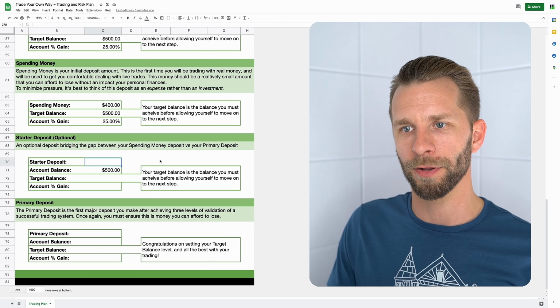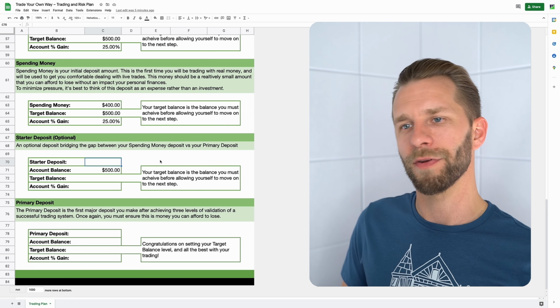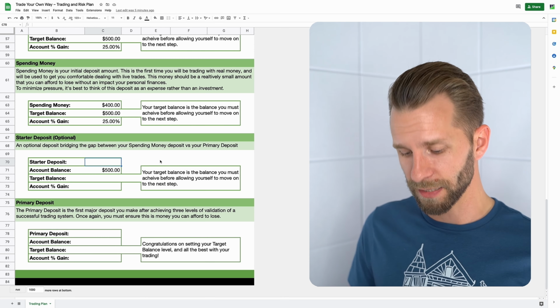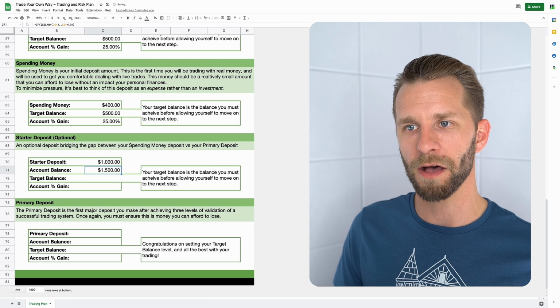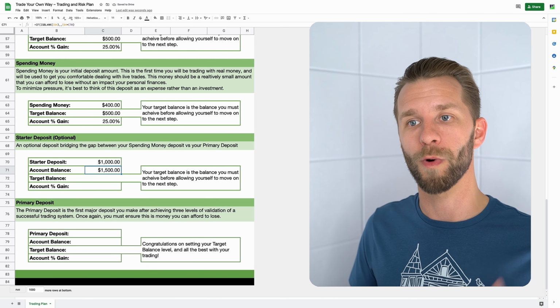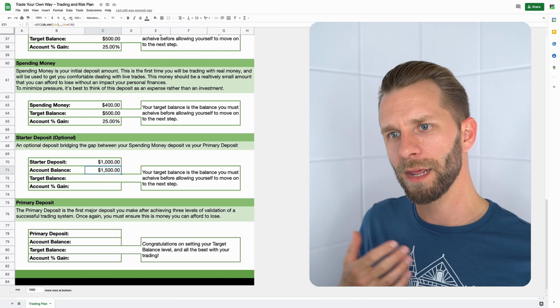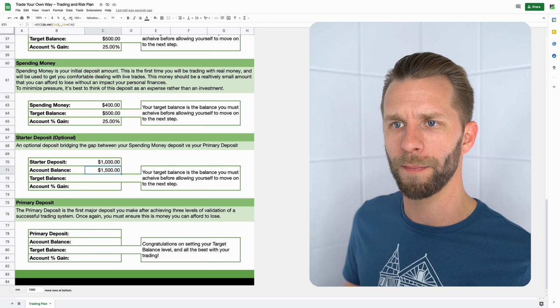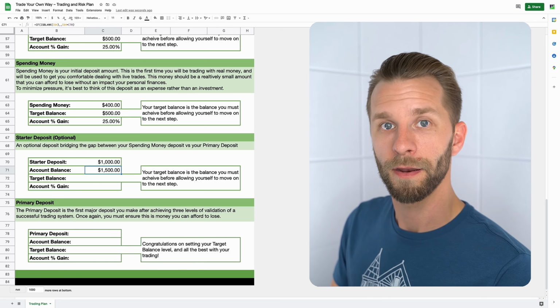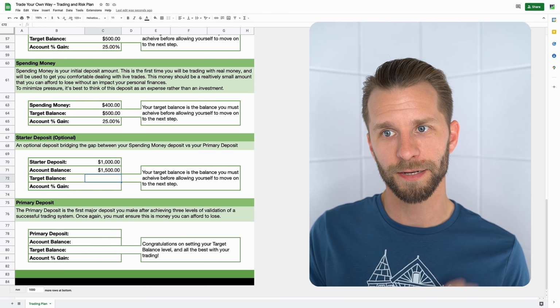So starter deposit. Let's say for this one, we have an account balance of $500 by the time we're here. Let's put in a starter deposit of $1,000. That immediately brings our account balance to $1,500, meaning on a 1% risk strategy, we'd be risking $15 a trade as opposed to $5. Now this is where we manually type in our target balance.